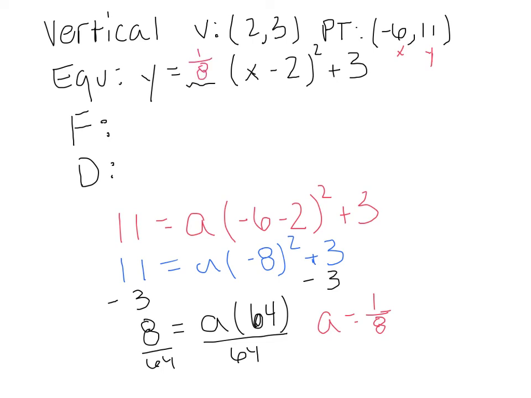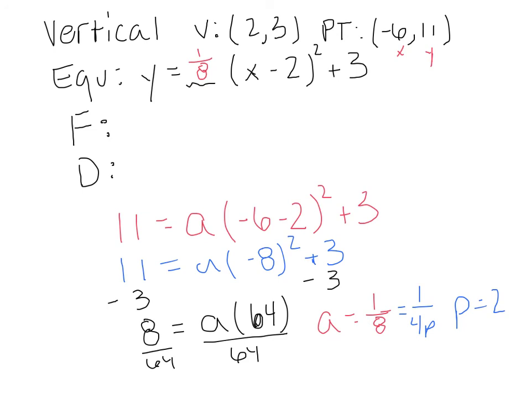However, we still need to identify the value of p. Remember that a is 1/4p. So 8 equals 4p, so p equals 2. This tells me the distance I need to travel from the vertex to get to the focus, and the distance that I would travel from the directrix to the vertex.